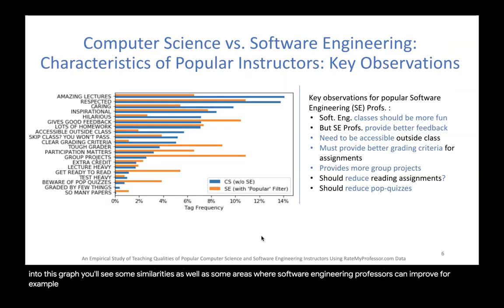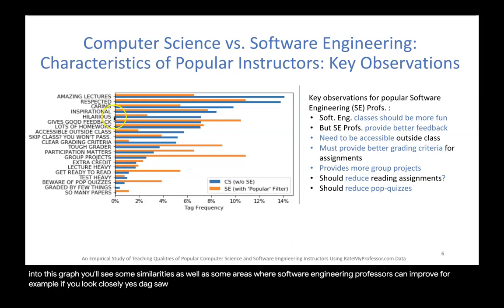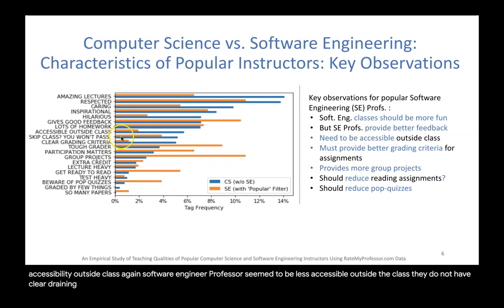For example, if you look closely at the class fun or hilarious tag, software engineering professors lag behind popular computer science professors. Accessibility outside class, again, software engineering professors seem to be less accessible outside the class. They do not have clear grading criteria, and they give lots of pop quizzes.